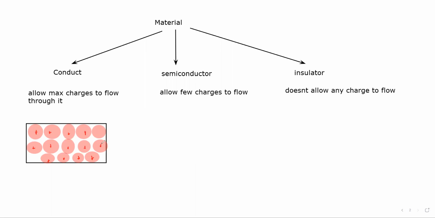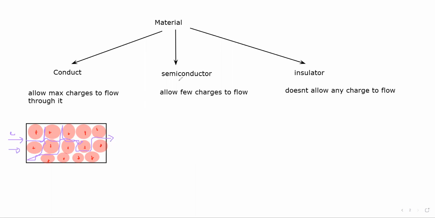This is a lattice, the regular arrangement of the positive ions, and they have delocalized electrons, like this shade is representing electrons, so electrons can move. So what happens if an electron enters from one place? There is a passage through which electrons are flowing, so they can flow out from the other side.